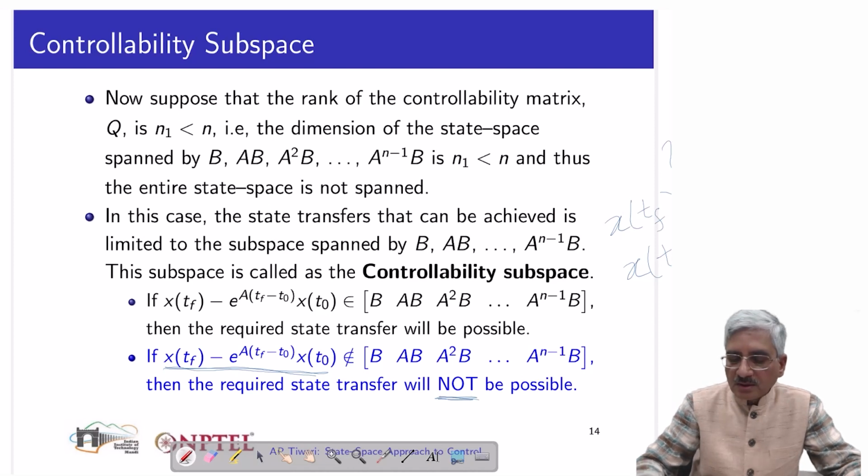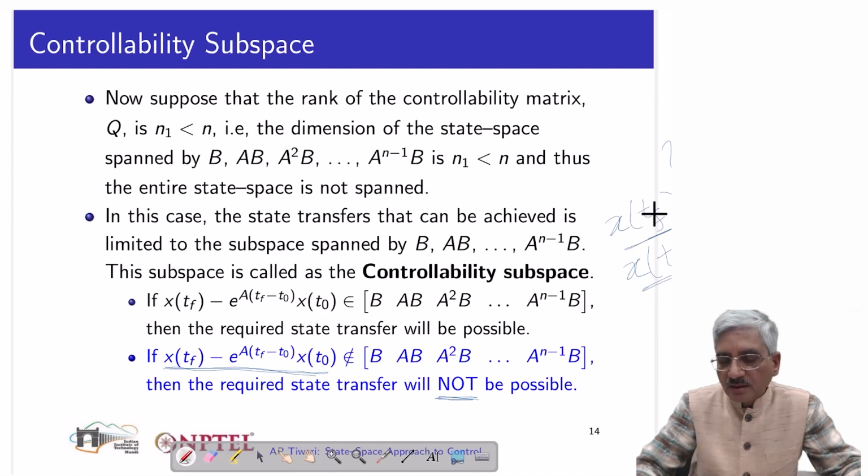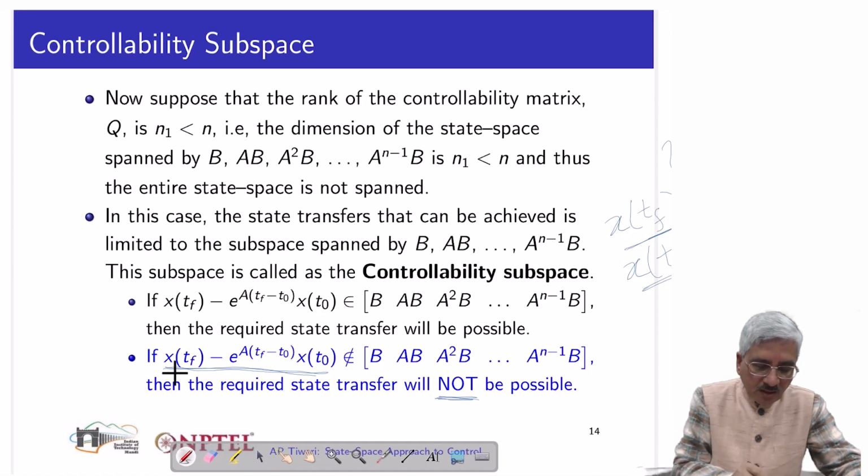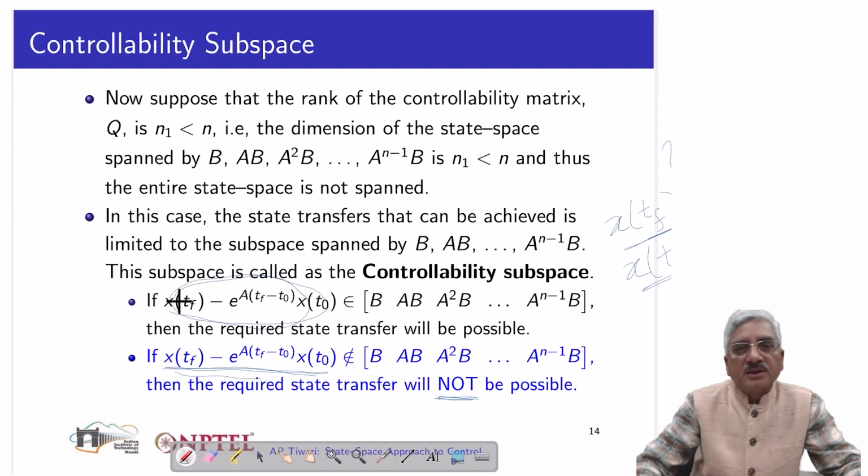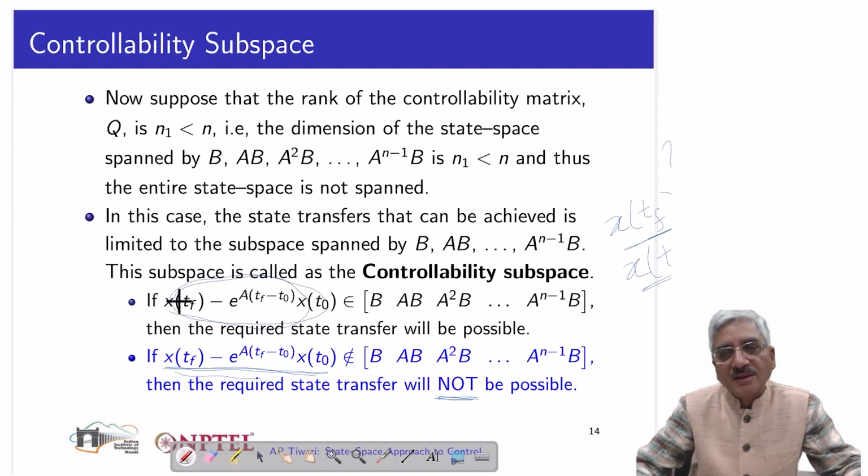However, suppose either this or both don't happen to be in the controllability subspace, but this difference happens to be in the controllability subspace, then also the state transfer will be possible.